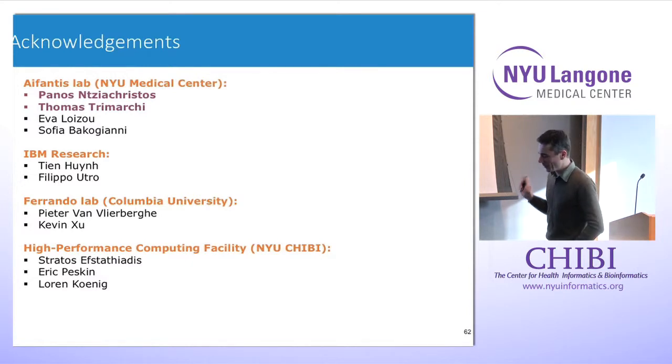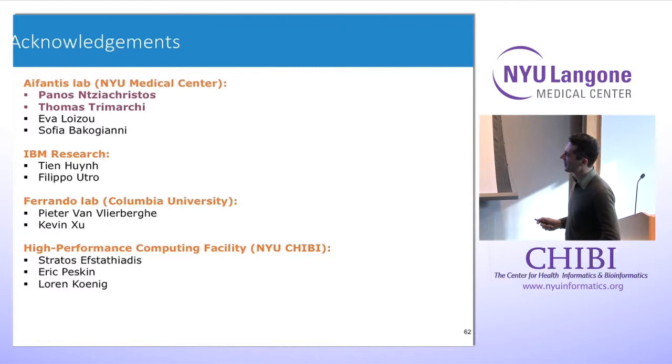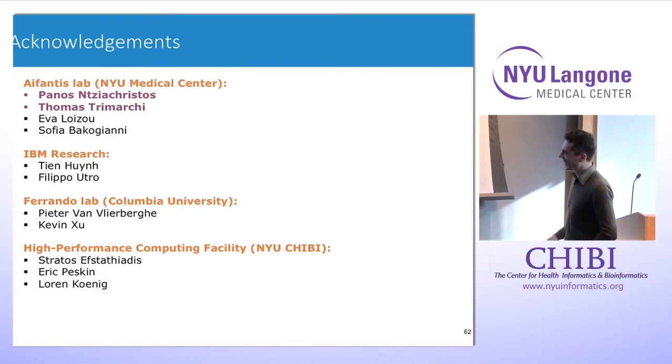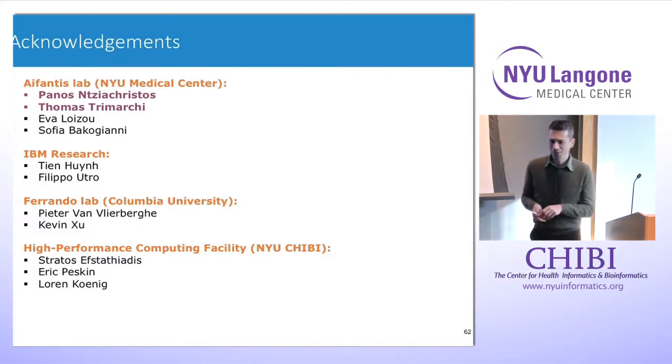Sophia did experiments with the inhibitor millions of times. And from IBM, Tien and Filippo helped me with the analysis. From Ferrando Lab, and of course, the high performance computing dream team, Stratos, Eric, and Lauren. Thank you.